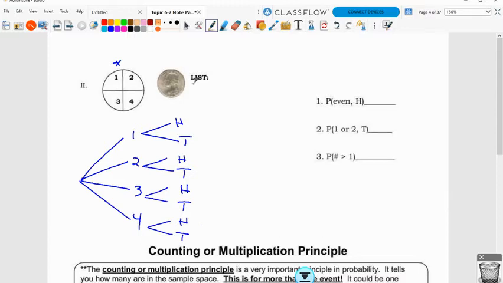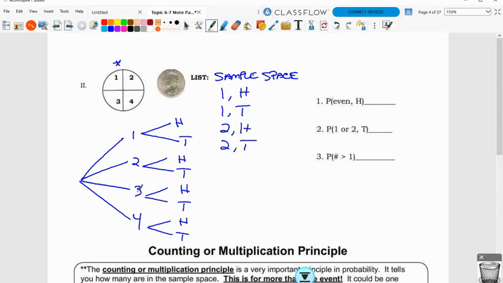Now again, let's make that list, which once again is called the sample space. All the possible outcomes, follow the branches. We could get 1 on the spinner, heads on the coin, 1 with heads. 1 on the spinner, tails on the coin, 1 with tails. 2 with heads, 2 with tails.